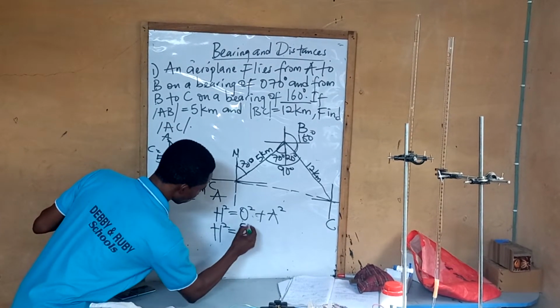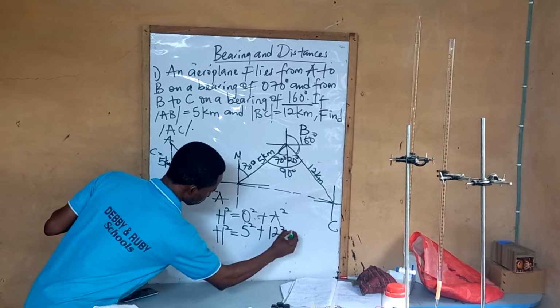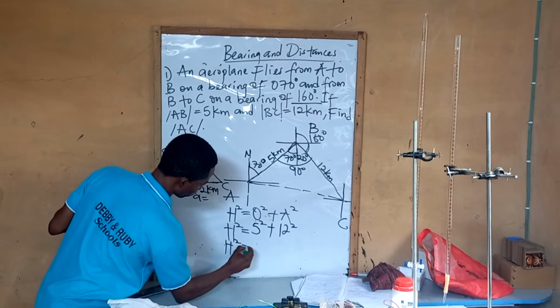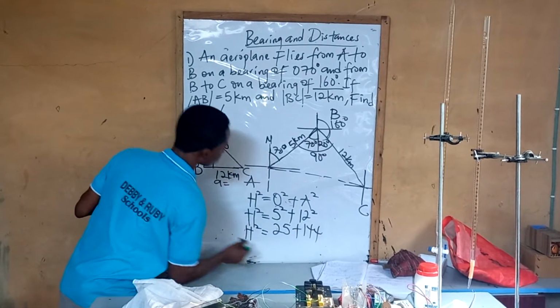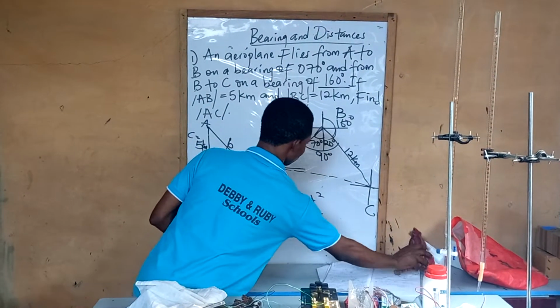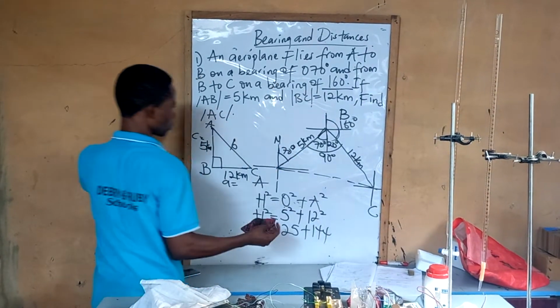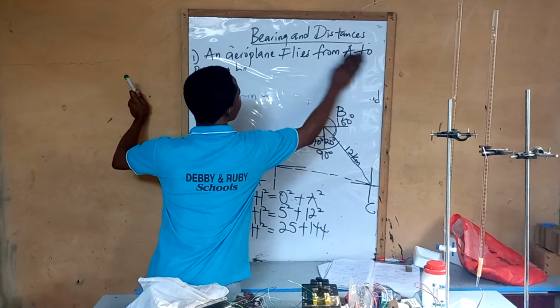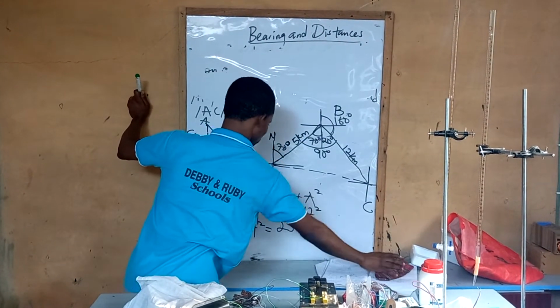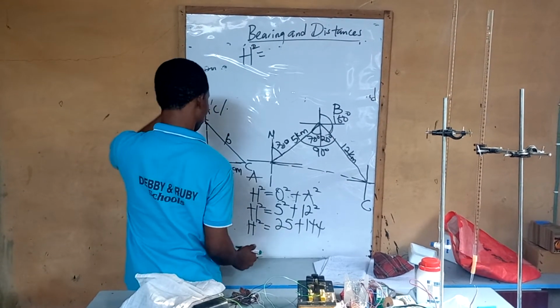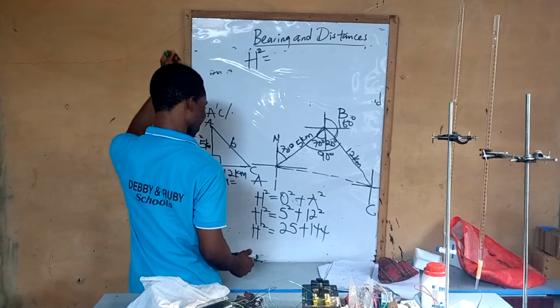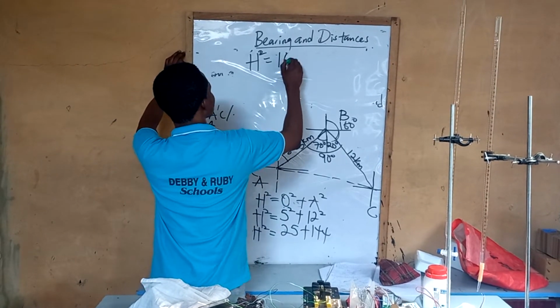So 5 squared plus 12 squared. That means h squared equals 5 squared, which is 25, plus 12 squared, which is 144. So that means h squared equals 25 plus 144, that is 169.